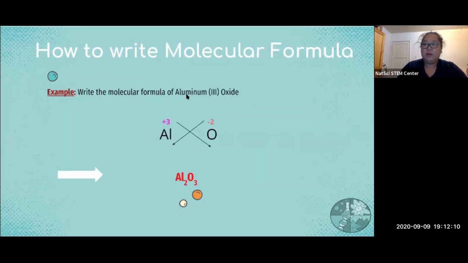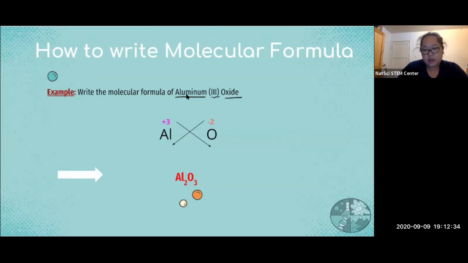So how to write a molecular formula. When you're writing a molecular formula for aluminum 3 and oxide, this is the extra charge you have to indicate. You'll write aluminum here, and you'll note that it has a 3+ charge.